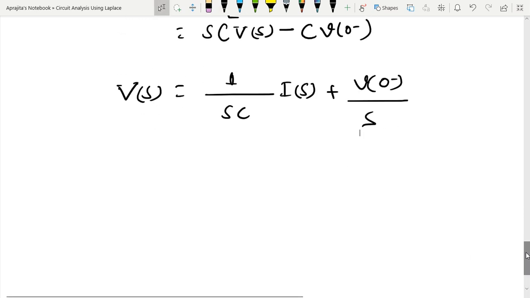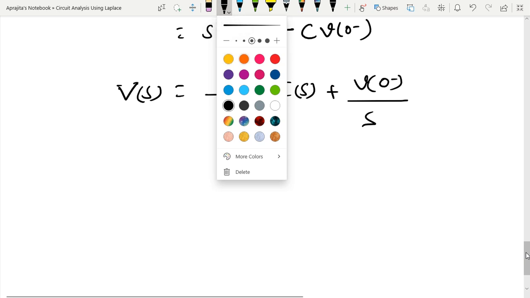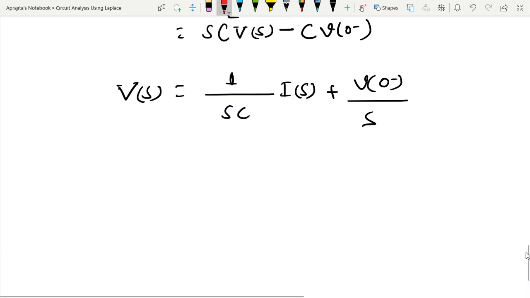So let us first try to see the circuit in the time domain. So in the time domain I have something like this, a capacitor, and after that I have something like this.